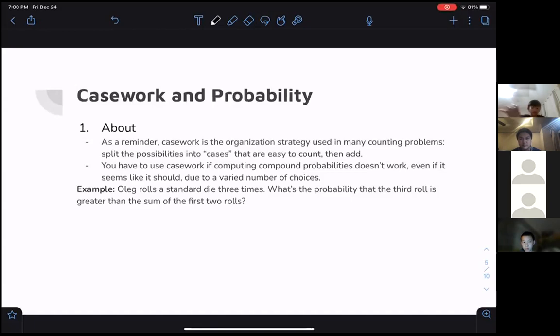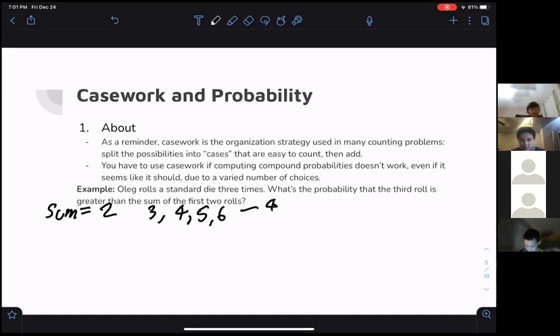Well, I kind of just counted the number of ways that you can have the sum of the first two be less than the third. In my cases, the first two summed up to 2, and the only way for the first two to sum up to 2 is 1 and 1. And then for the third die, you can roll 3, 4, 5, or 6, which gives you 4 ways to do it.